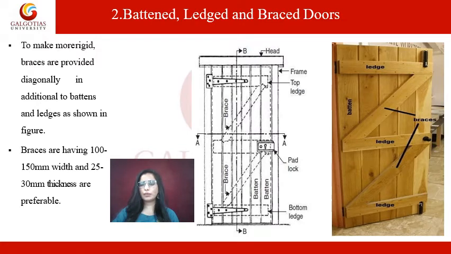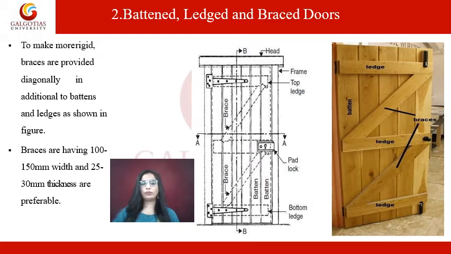As I mentioned, in this type of door we are just adding this diagonal member, which is known as the brace, to make it more rigid. So these are the braces, and again the horizontal part is the ledge and the vertical part is known as the battens.